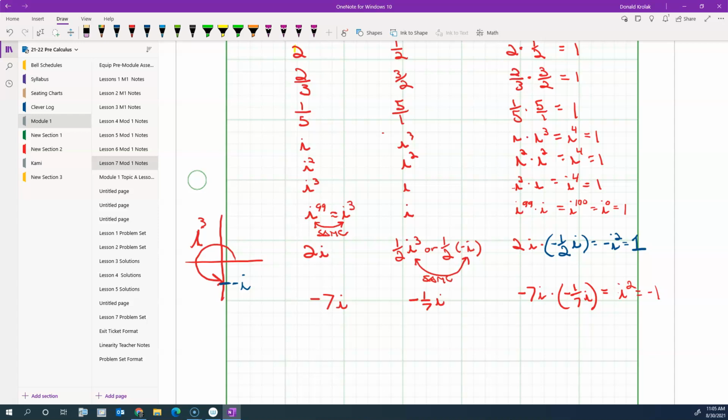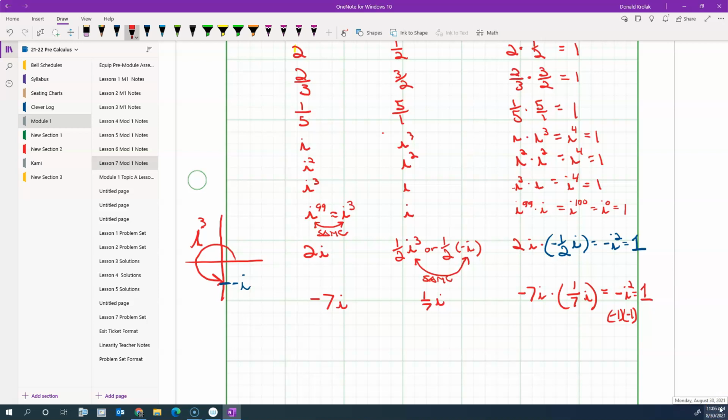What do you got to change? Yeah, just get rid of that. Which, if you get rid of that, makes it work. Okay, now you would have negative i squared, which is negative 1 times negative 1, which is 1.